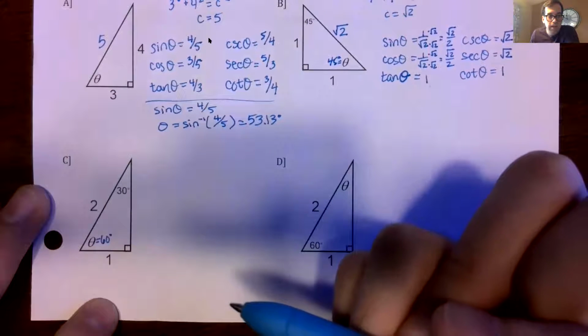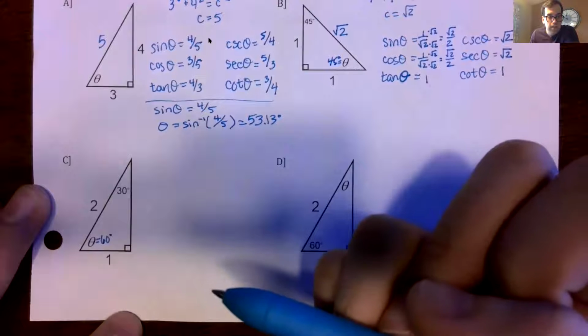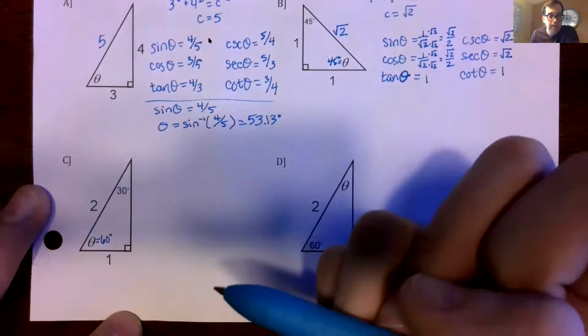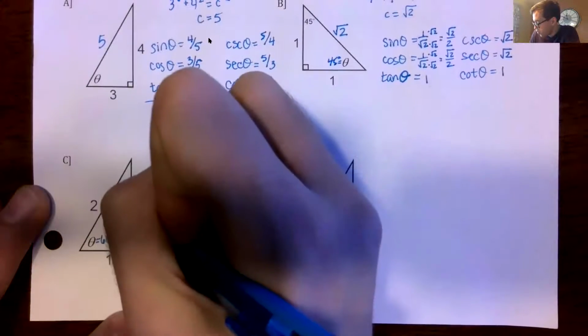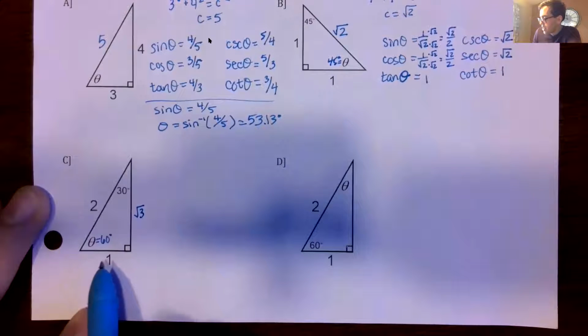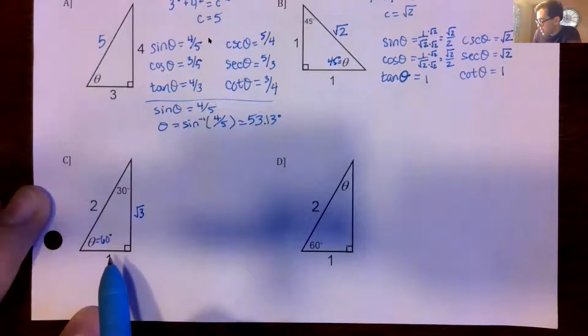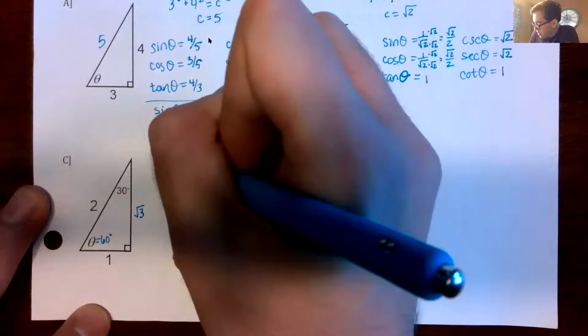And you might also remember that the way this special right triangle works is that the side lengths are in a ratio 1 to root 3 to 2. Sometimes you would say x, 2x, and x root 3. But again, if we didn't know that, we could write it out using the Pythagorean theorem.